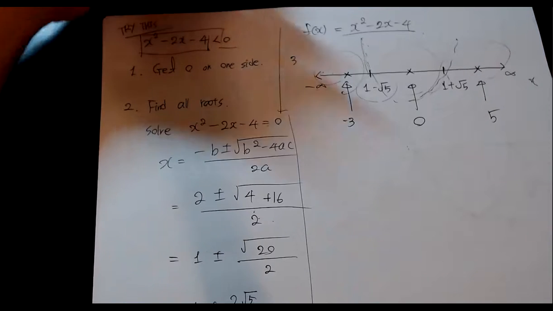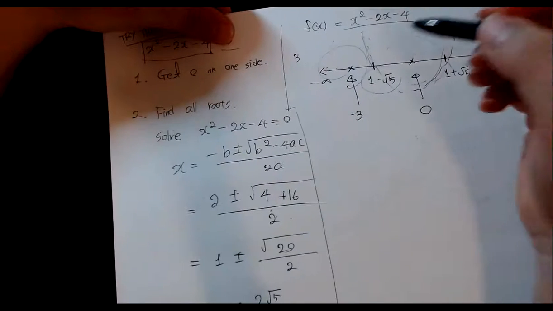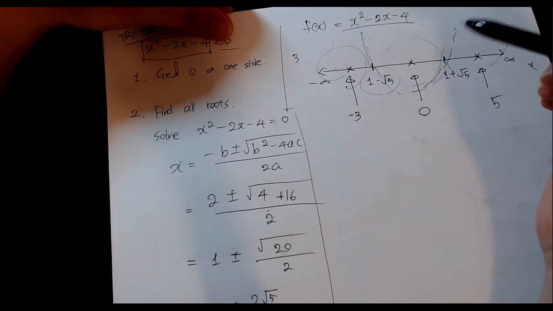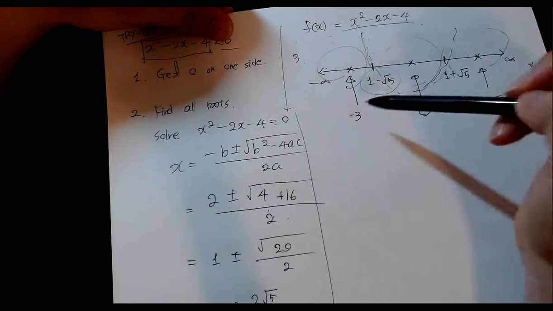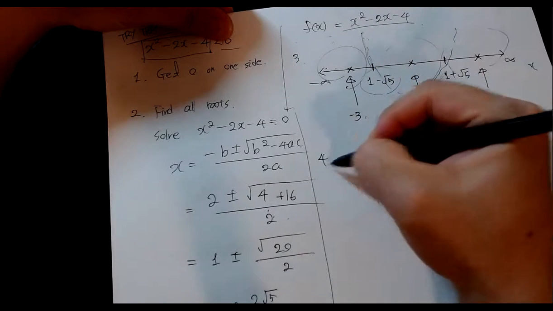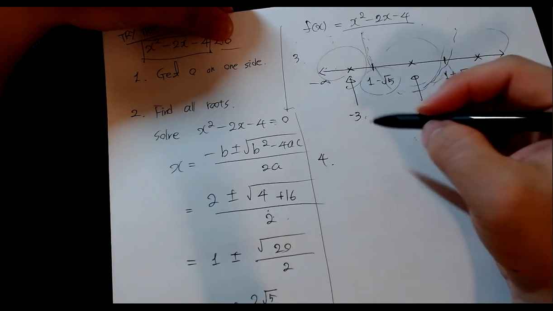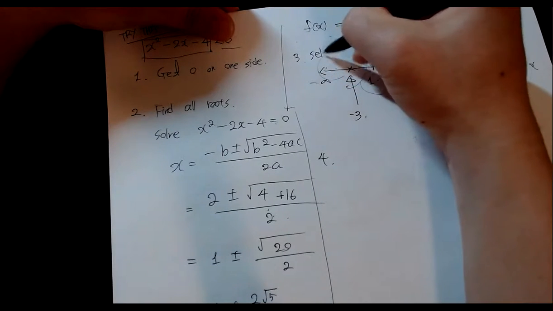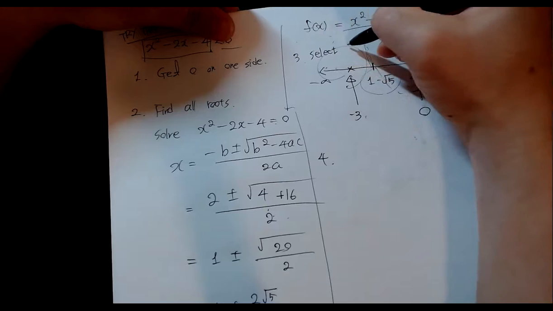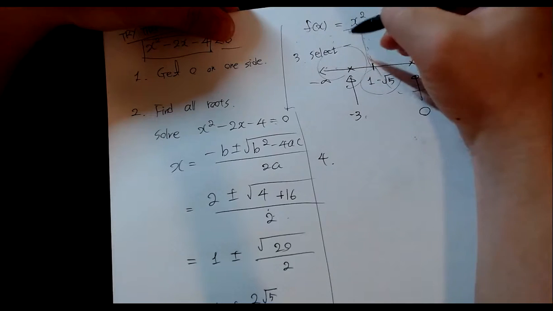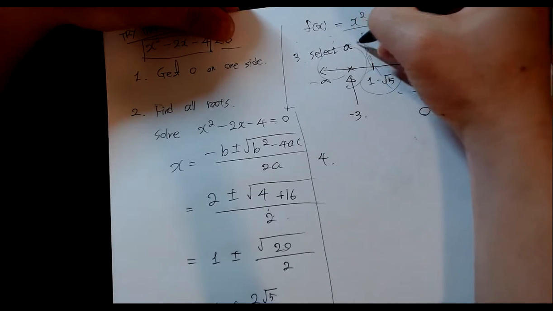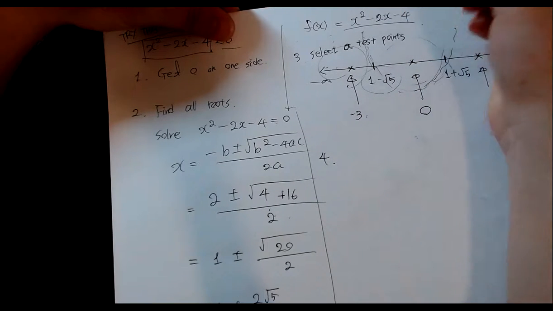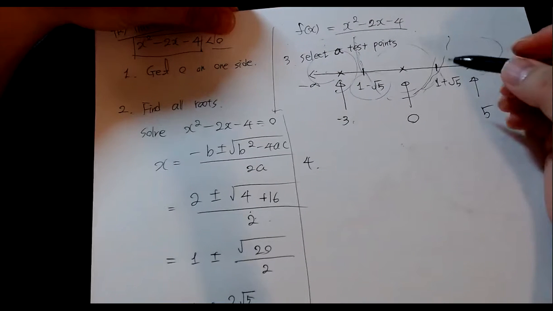Okay, so now step 4: evaluate the quadratic function at each test point. Step 3 is selecting a test point in each subinterval.